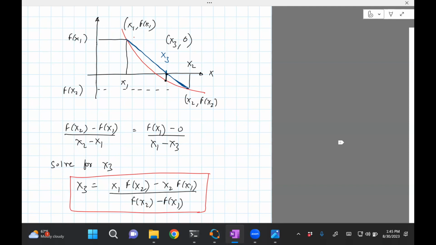Okay, so this is the update compared to bisection, which was just x1 plus x2 divided by 2. It is a little bit more complicated. The good thing about this is that it actually uses information from f of x to update, while the bisection method did not use f of x for the update. It was just the arithmetic mean of x1, x2.